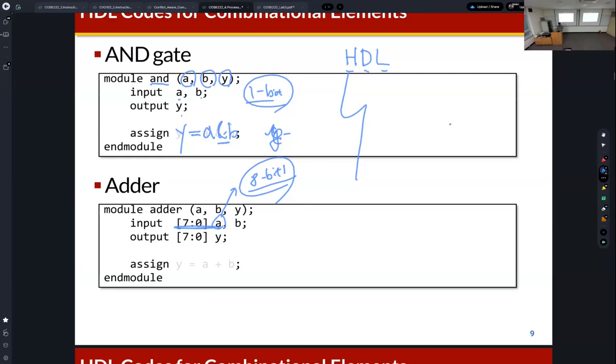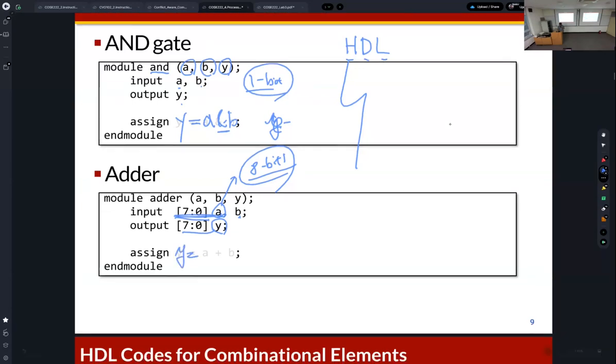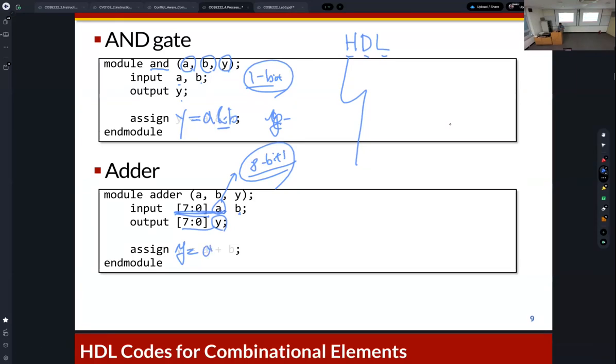So this module has two input ports, and the width of each input port is 8 bits, from bit 7 down to bit 0. The width of the output port is also 8 bits. Then what is the statement? Y equals A plus B, because this is an adder.